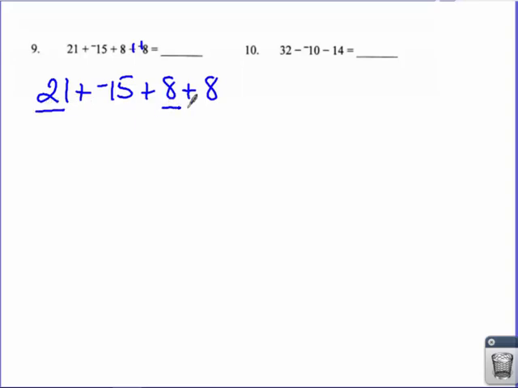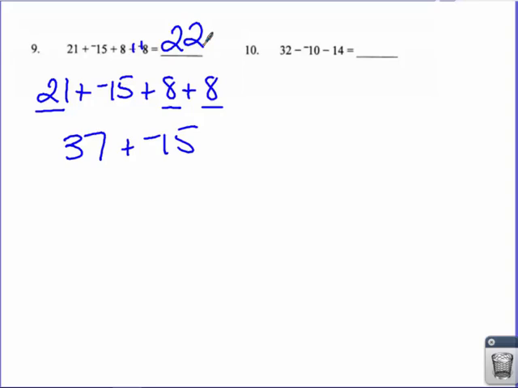That would be the 21, the 8, and the 8. So 21 plus 8 is 29, plus 8 more is 37. And then I've got plus negative 15. Now that my signs are different, I'm going to subtract. So 37 take away 15 gives us positive 22 as my answer.